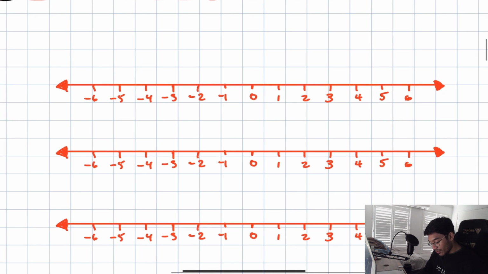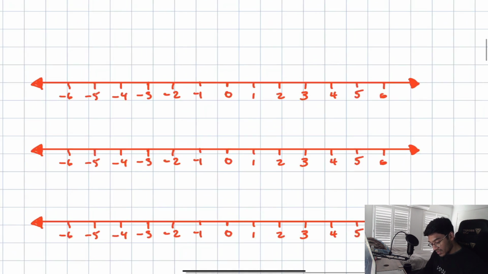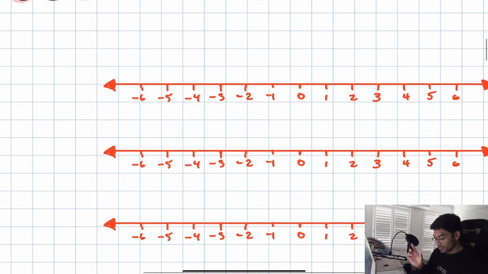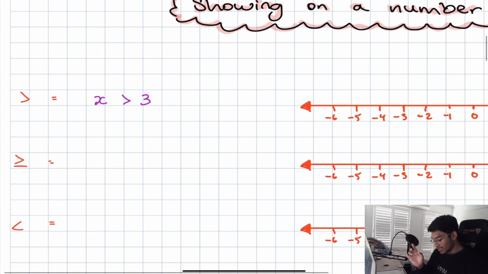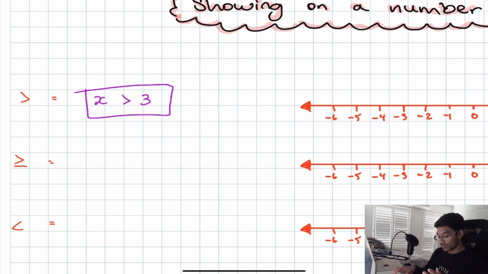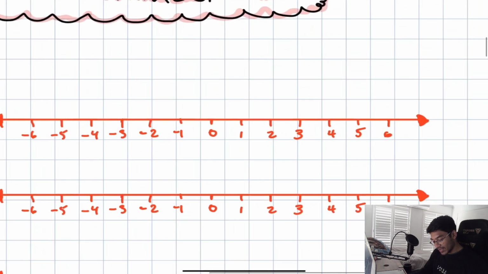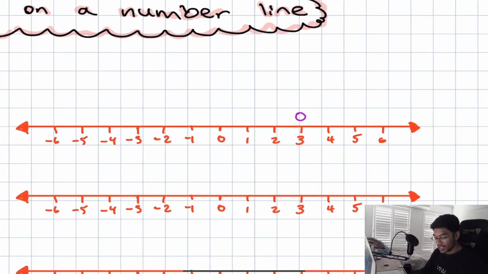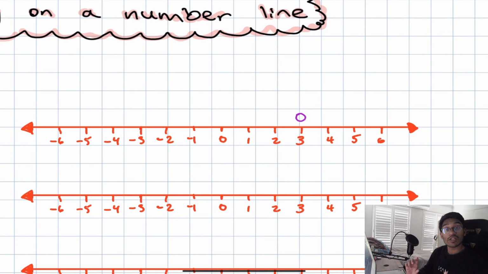So now we know that it's greater than 3. So what that means is going to be 3 upwards. But note how it's not the equals to. Remember that this one means it's above 3, not equal to 3. So the way we represent this on a number line is we put an open circle on 3. So just like this. An open circle represents it starting at 3 but not including 3.